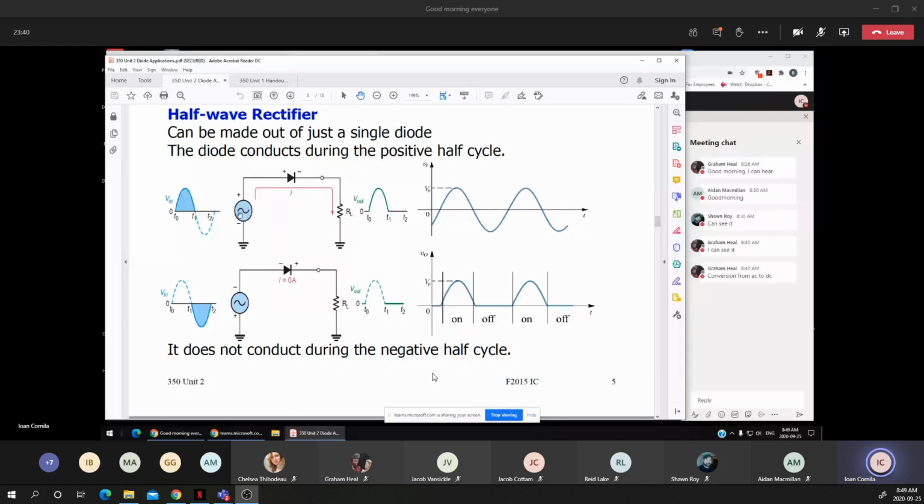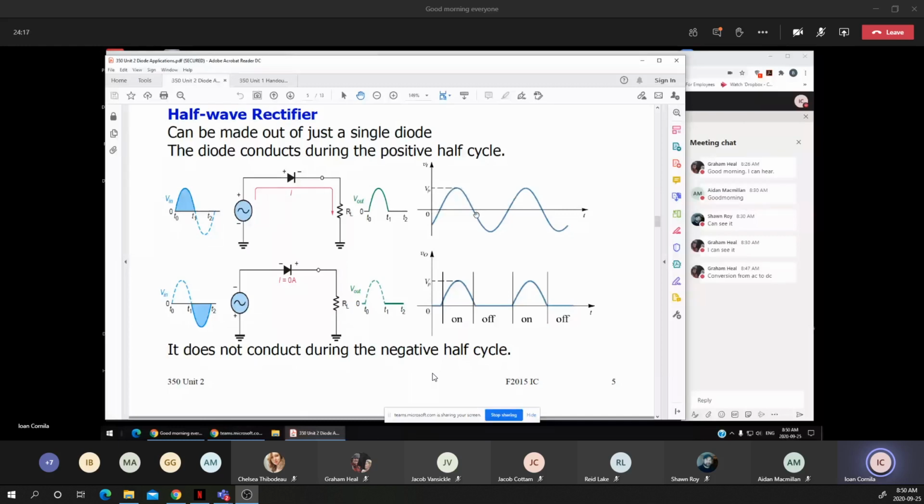And the diode will act as a closed switch, or the switch is in the on position, or the diode is in the on state. That's why I put those two diagrams side by side, showing that the voltage is positive. That's the VP, the input voltage, the V in, for the first half.